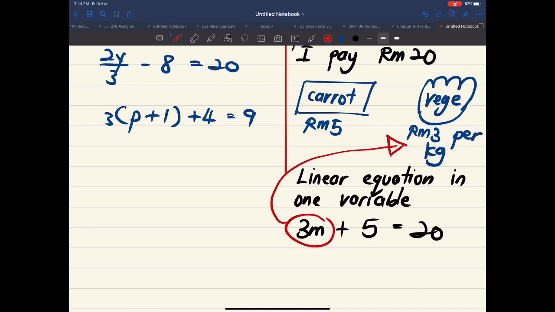They said 3 ringgit per kg and he bought m kg. They didn't mention it, so it is an unknown. So it is 3m plus 5. 5 is the carrot. And the total amount he paid was 20 ringgit. So this is the linear equation in one variable. So you write it as 3m plus 5 equals to 20.